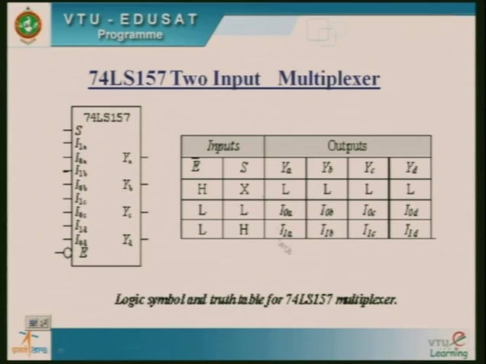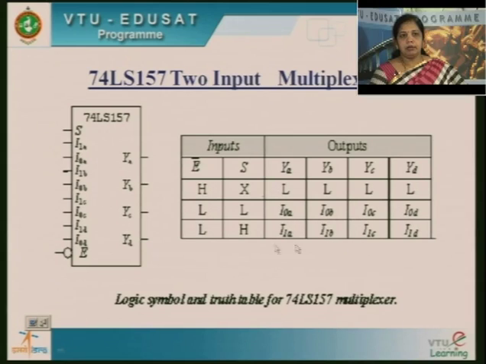So we have 2 sets of inputs, I0 A B C D, I1 A B C D. Together we have 2 sets of inputs and 1 selection line, 1 enable, which is active low. This bubble or inverter represents active low. So this IC is going to operate whenever I apply active low input to E.